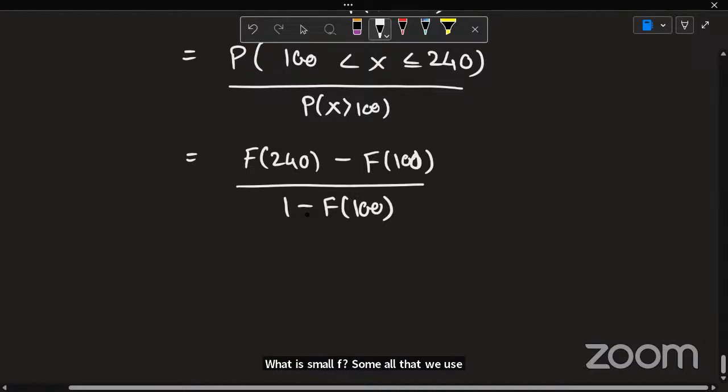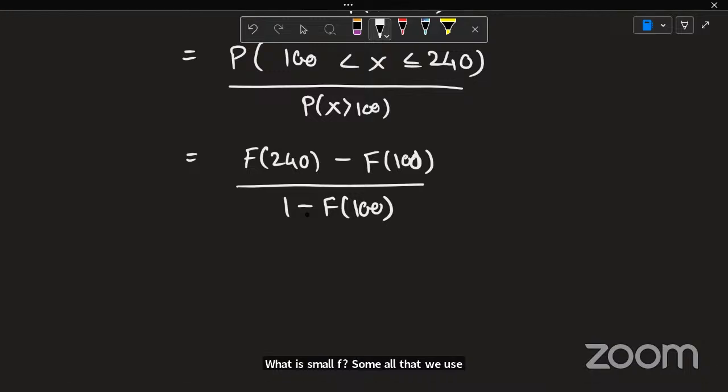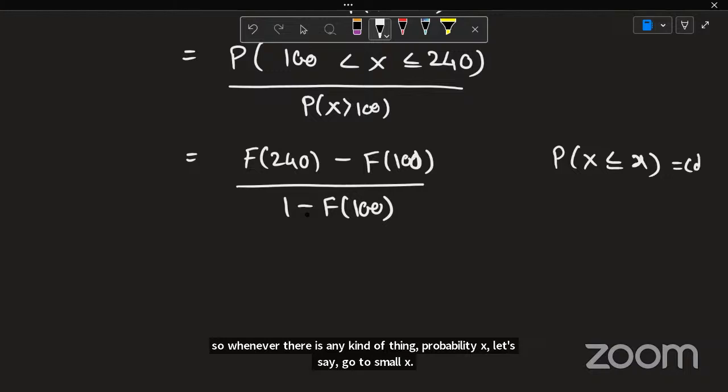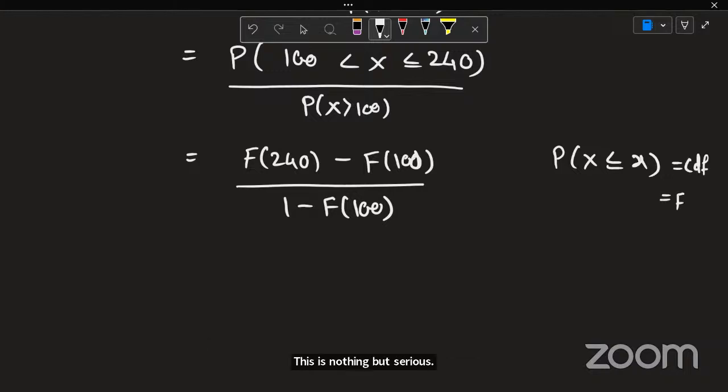Whenever there is the probability of x less than or equal to small x, this is nothing but the CDF, and the CDF is represented by capital F. But whenever it is the PDF, that is the probability density function.